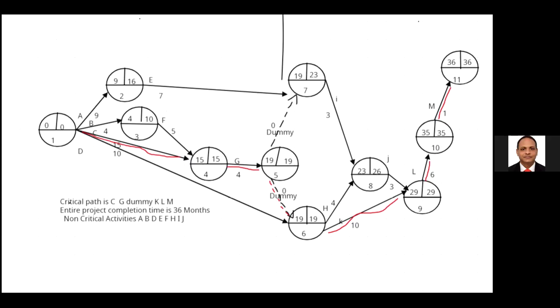Then we start from event number 8, latest completion time 26, minus I value 3, event number 7 should be 23 latest completion time. Only one path, no? The backward. I think you are going to calculate via the dummy. Dummy is forward. It's not the backward one. When I'm going to calculate the seventh event, only one path. I is the path. Via the backward process now we consider. The rest of the arrows are forward to event number 7.